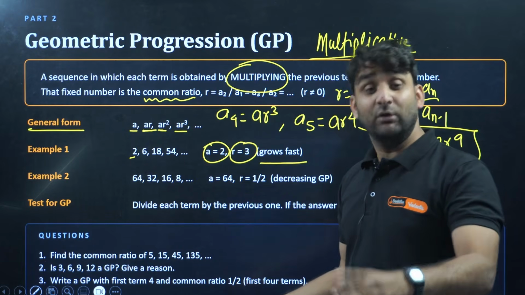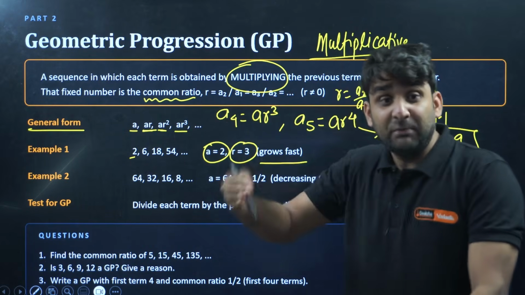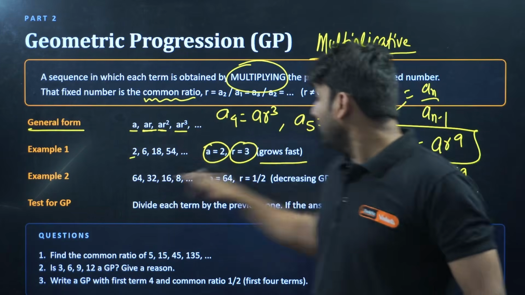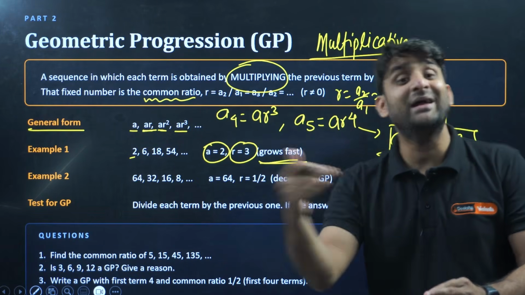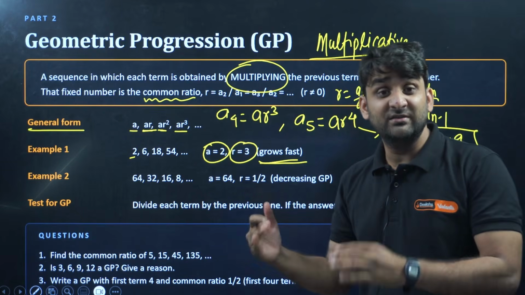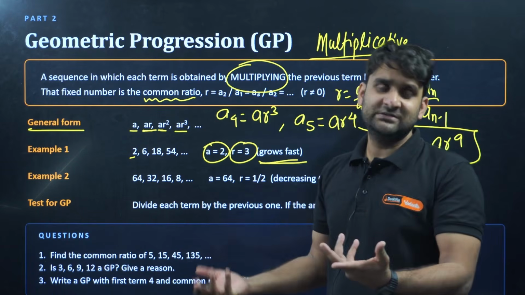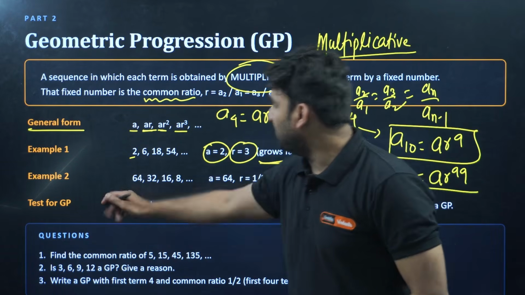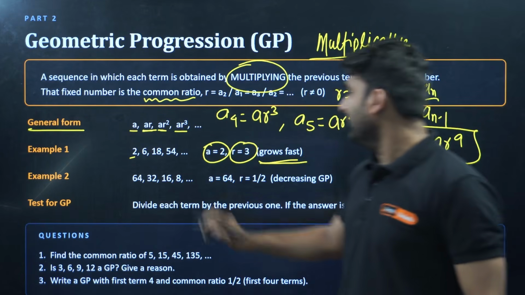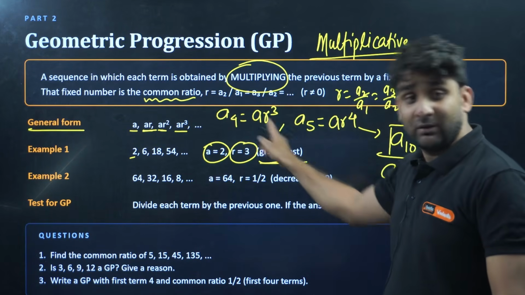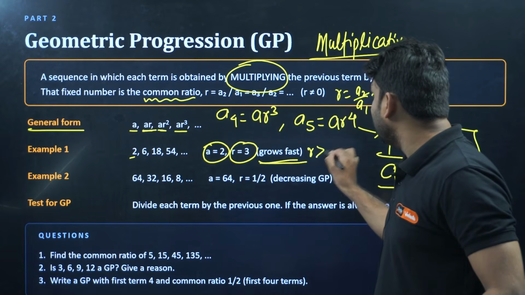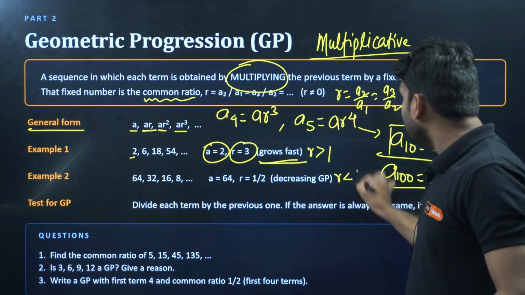Compared to AP, in GP we get much bigger numbers. In AP numbers increase by adding, but here they increase by multiplying, so obviously the numbers grow faster. Example: 64, 32, 16, 8. So here r will be 1 by 2. So r can be greater than 1, and r can be less than 1 also.